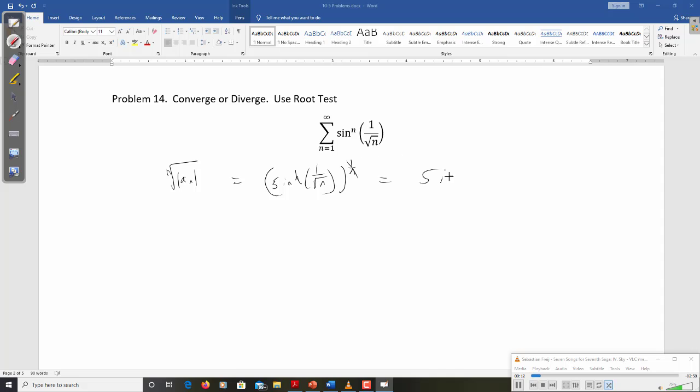So then you're just looking at sine of 1 over square root n, limit as n goes to infinity. Which is just going to be 0, less than 1, converges absolutely.